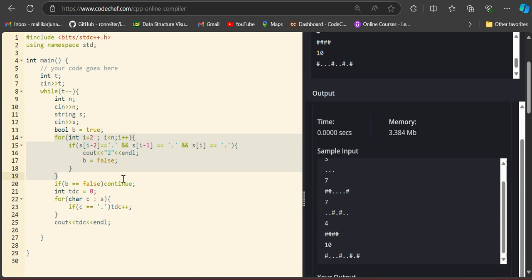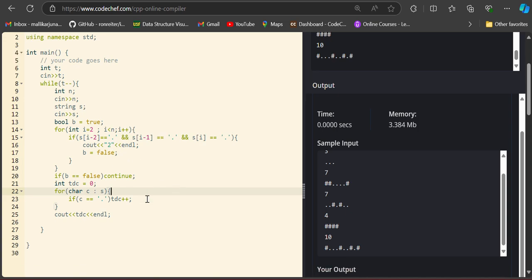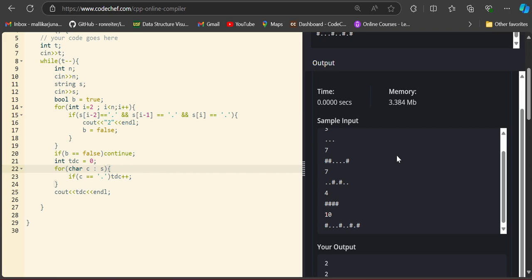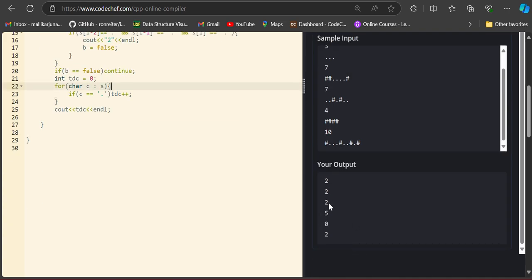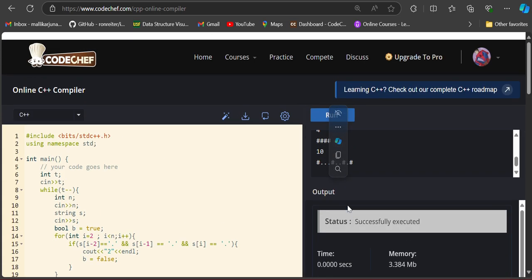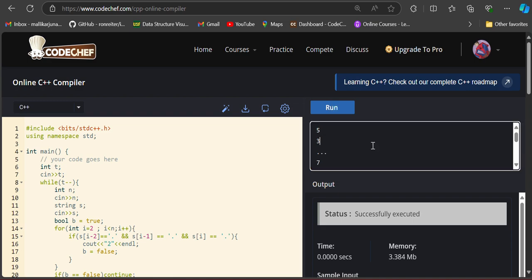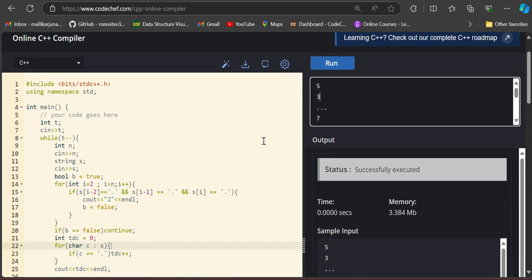Otherwise, we have to find how many dots are there. One, two, three. So this only executes three times. So for the test cases, for three, it reads string and prints result like for two, and for seven, same.